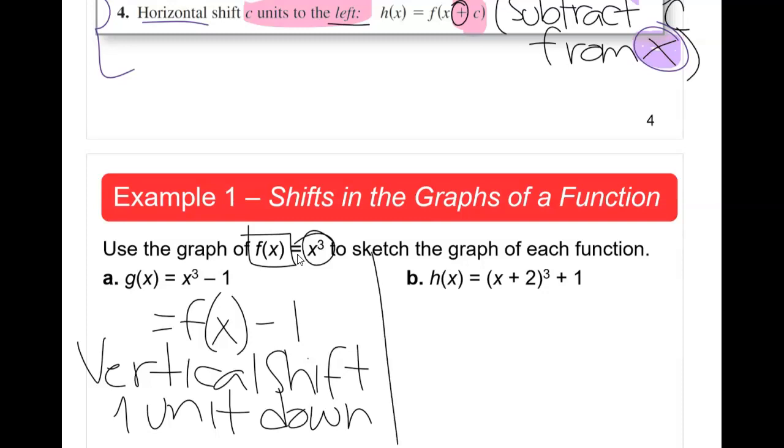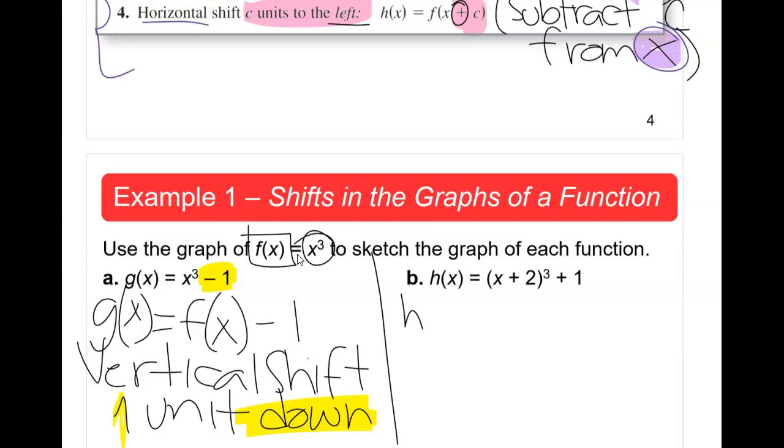And for our other problem, we actually have two types of shifting. We have horizontal and vertical. So let's go ahead and address them one at a time.